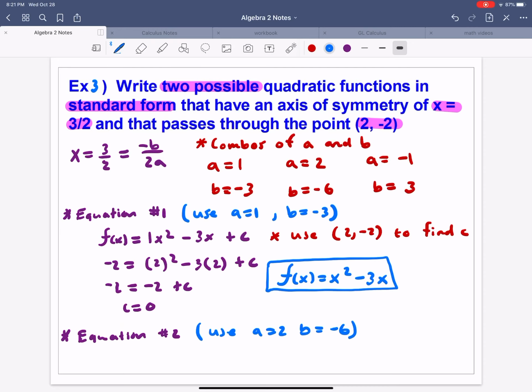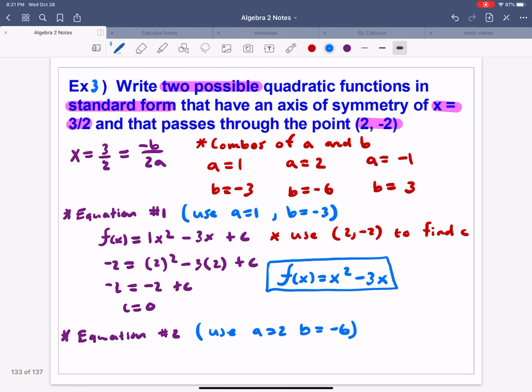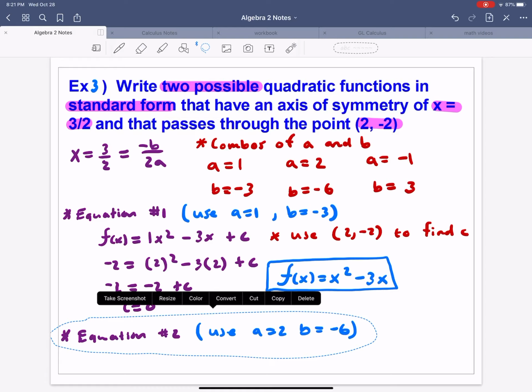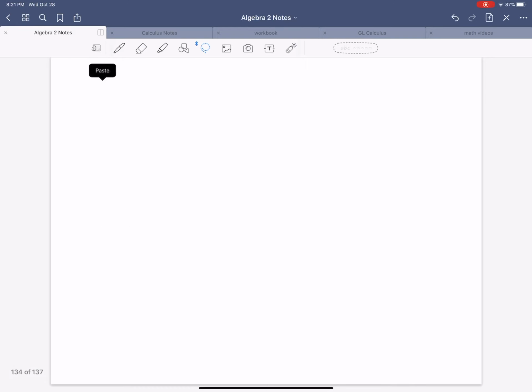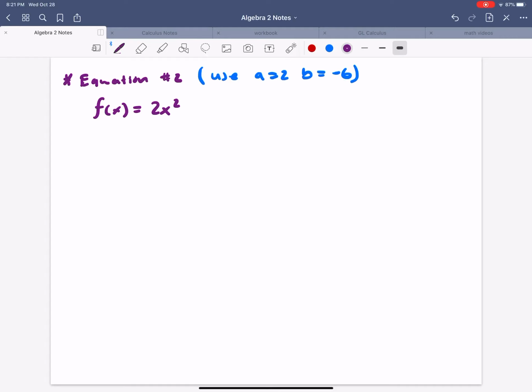I'm going to need some extra space here, so let me copy this and move it over here. There we go. So equation 2, we're going to use a equals 2 and b equals -6. So we've got f of x equals 2x squared minus 6x plus c.